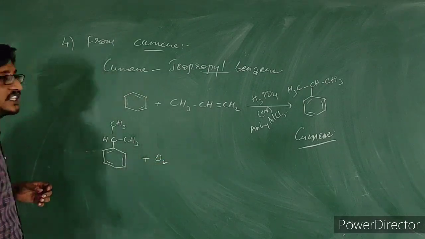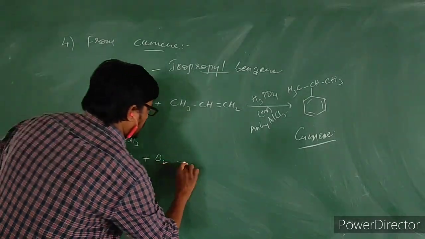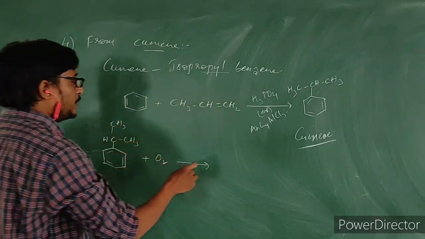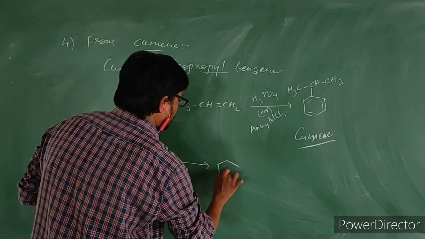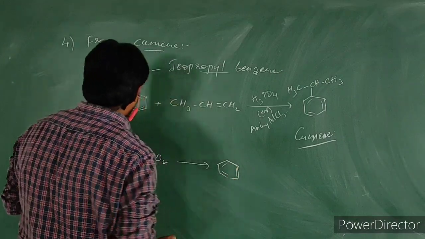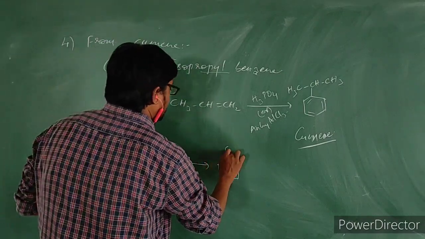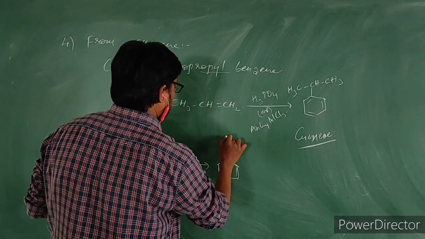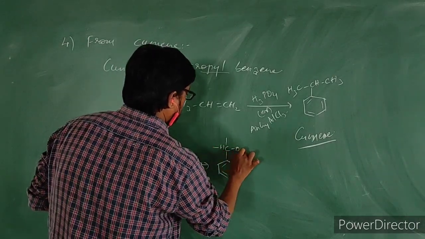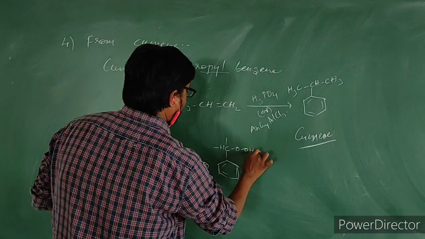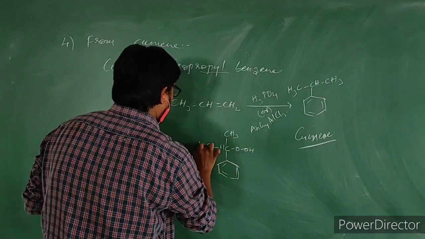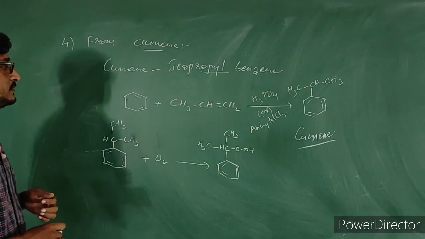This on oxidation will produce a peroxide in this way. Cumene hydroperoxide gets produced. This is the hydroperoxide.